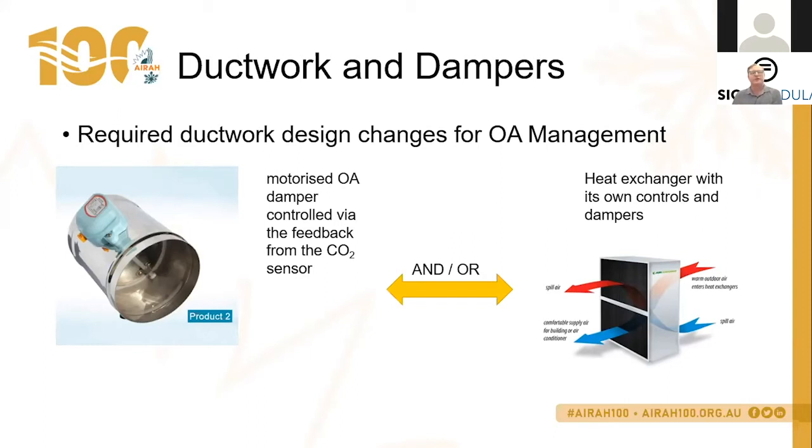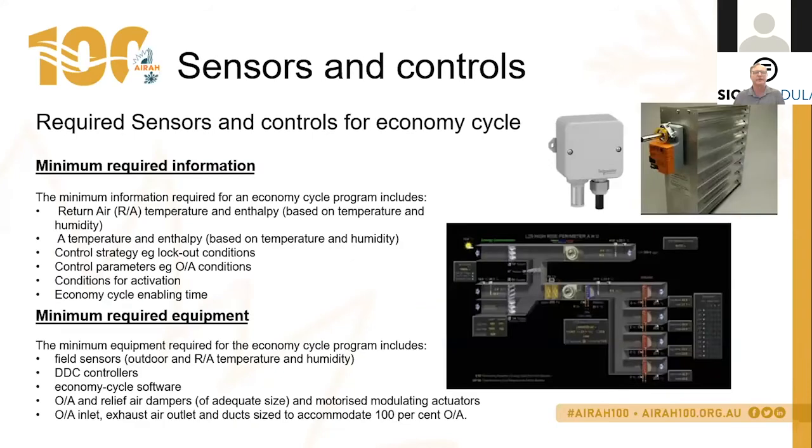So you have both of those. Those are the controls and requirements for both of those systems. You'll have the additional ductwork, etc., for the energy recovery ventilator. So you also have to consider the sensors and controls of these systems.